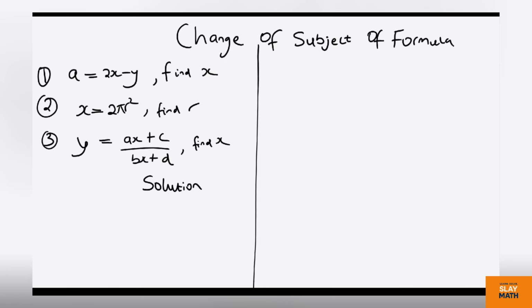For the next question, we have number 2. x is equal to 2 pi r squared, and we are trying to find r. Like I said earlier, we have to isolate r squared here, and the easiest way to do that is by dividing both sides by the coefficient of r squared, which is 2 pi.